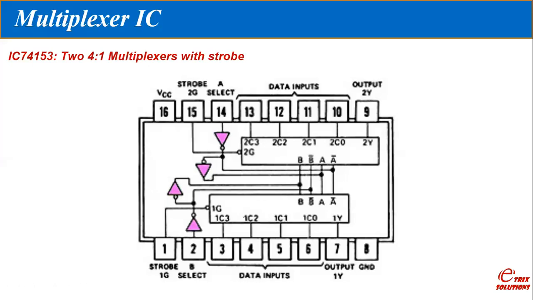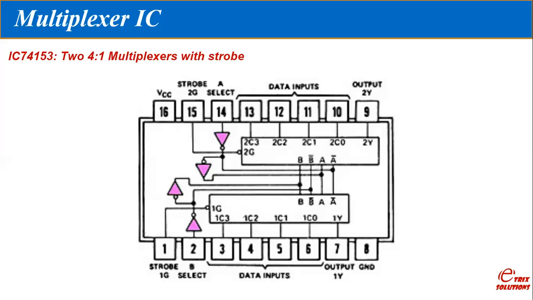Here it is important to remember that the selection lines of both the multiplexers are common, and they are available at pin number 2 and pin number 14. Then pin number 15 is the strobe or the enable signal of the multiplexer 2, and it also operates on negative logic. That means if you want to turn on multiplexer 2, then logic 0 has to be applied at pin number 15.